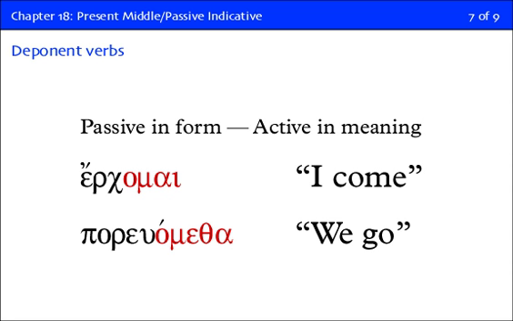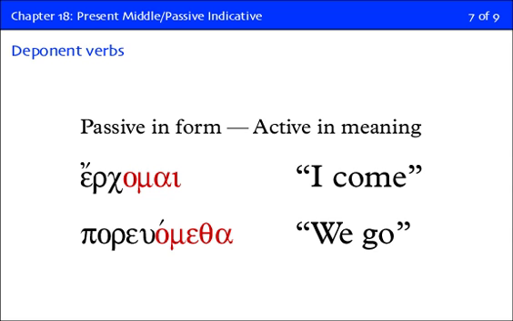Now, how do you know if a verb is deponent or not? It's very simple. You memorize it. In other words, look at the lexical form that you memorize. Does that lexical form end in omai? Is that lexical form passive? If it is, then you know you have a deponent verb.